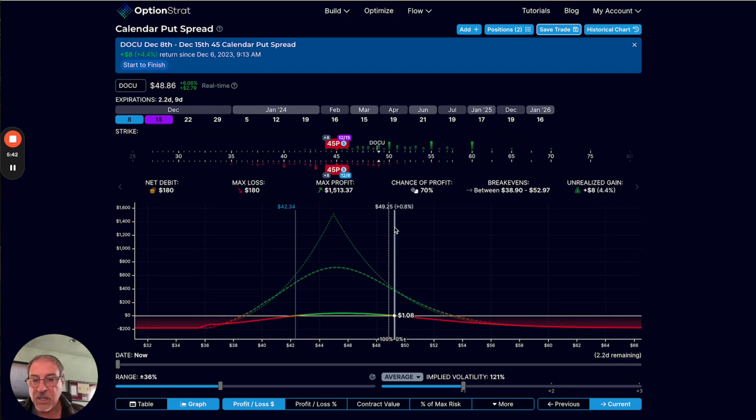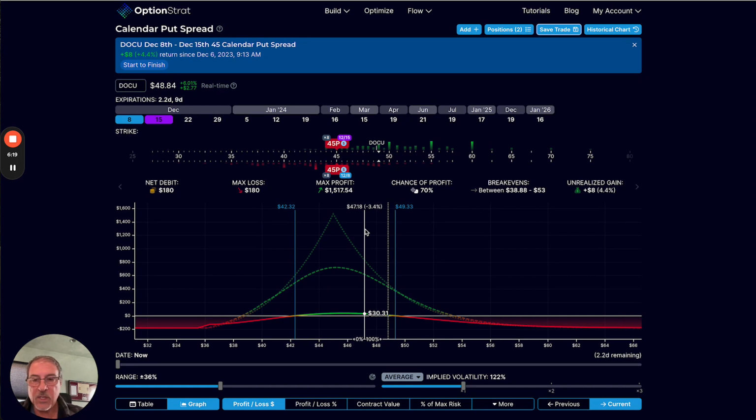So if DocuSign gets a little bit of a pullback come Friday morning, it could even be a sizable pullback, could even be down in here somewhere, the hope is that I will be able to take off half of this position, 4 of these, at not quite a double up, because I paid 23 cents and I'm going to sell them at 50. Again, that's kind of an arbitrary number. It's just something I like to have sitting out there for when the open occurs, and then I'll adjust and see what happens from there.